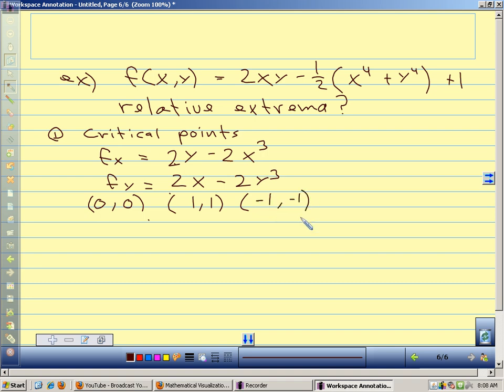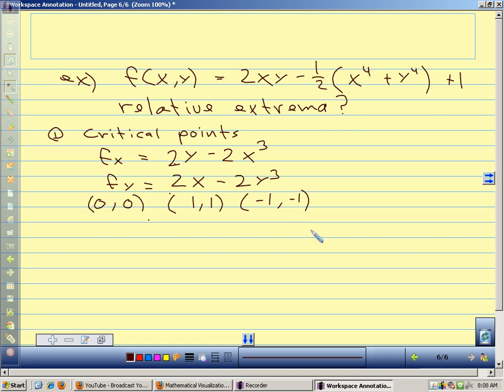What I did to find this is I solved one equation for one variable and substituted and solved the other one. So you can go through and solve simultaneous equations. Determine that your other critical points are 1, 1, and -1, -1.